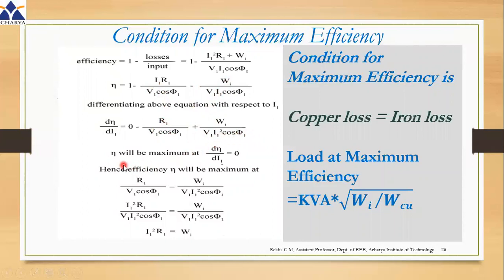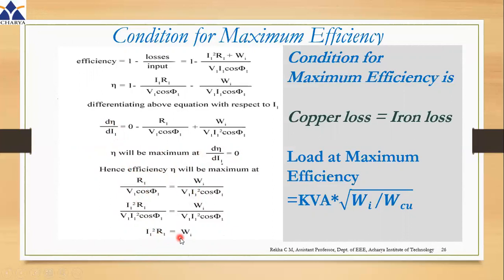Now for the efficiency to be maximum, this differential should be equated to 0. Hence, when we equate this expression to 0 and further simplify, we get I1 square R1 equal to Wi. Means I1 square R1 is nothing but iron loss. Sorry, copper loss.